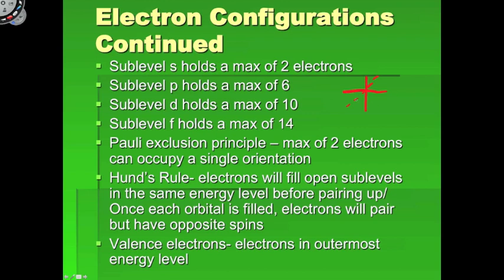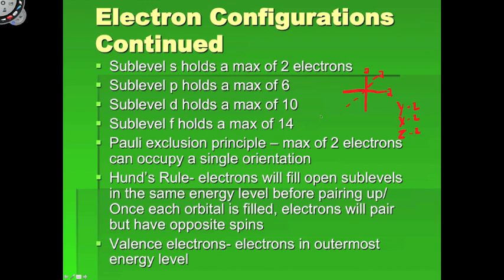Each one of these orientations can only hold 2. So 2 there, 2 there, and 2 there, 2, 4, 6, that's a P sublevel. Each one of those can only hold 2 electrons, and that's the Pauli exclusion principle. So you add that up and it's a total of 6.